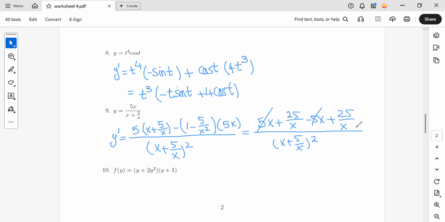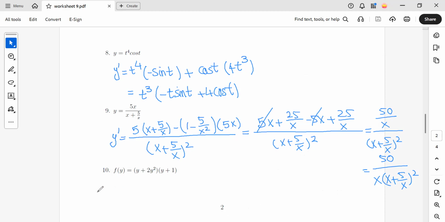So they will cancel out. It will be 50 over x plus 5 over x squared. And we can write it as 50 over x times x plus 5 over x squared.